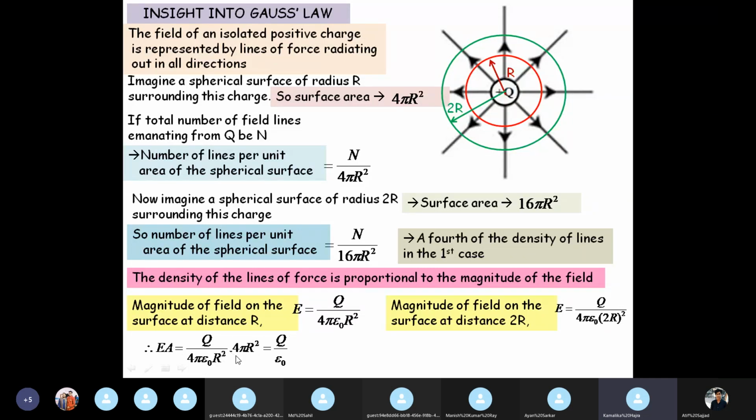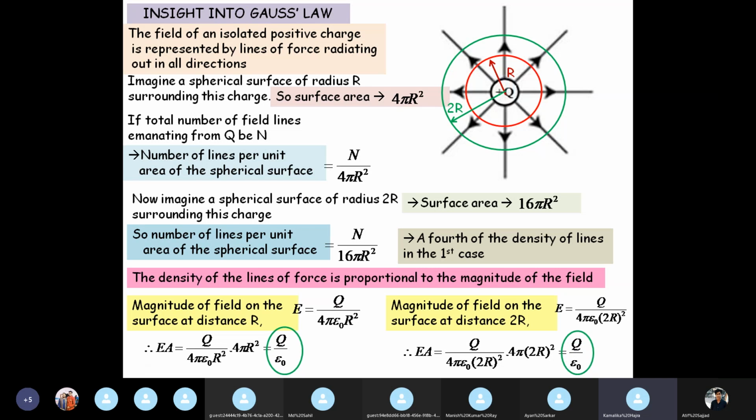So 4 pi r square cancels out, we are left with Q by epsilon naught. For the green sphere, if you calculate the product E into A, we again get Q by epsilon naught. Q by 4 pi epsilon naught 2r whole square into 4 pi 2r whole square. So again we are left with Q by epsilon naught.